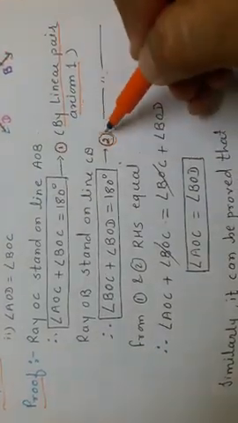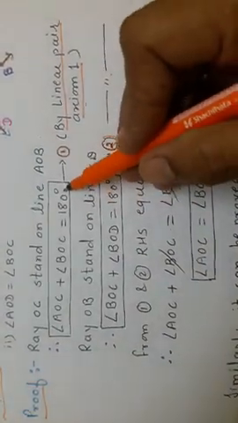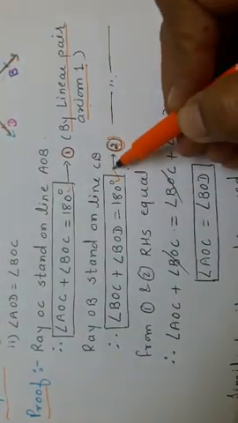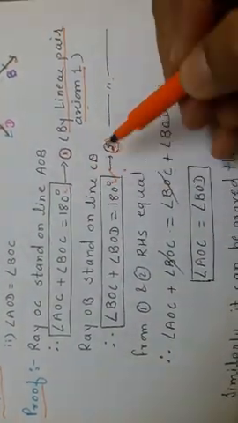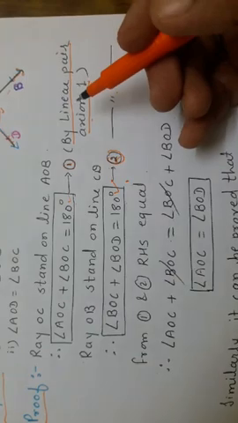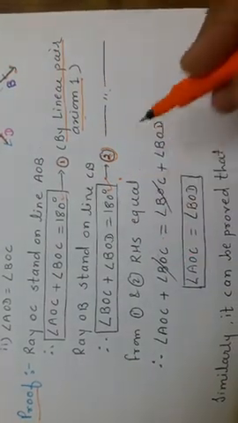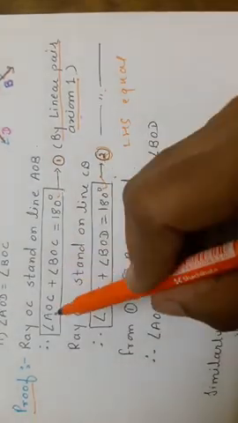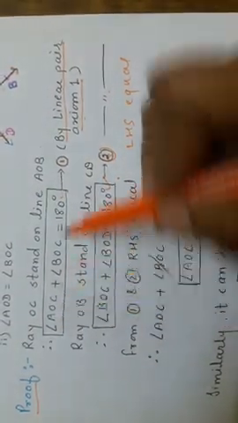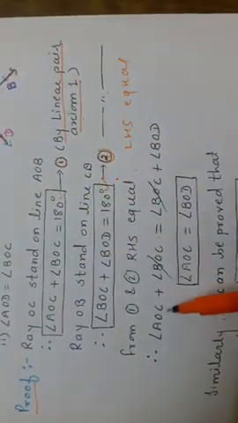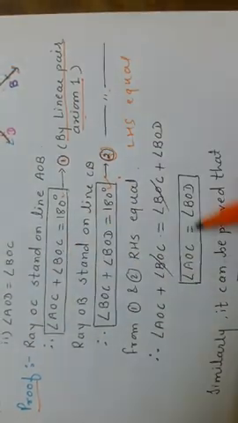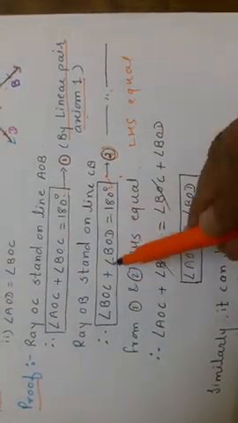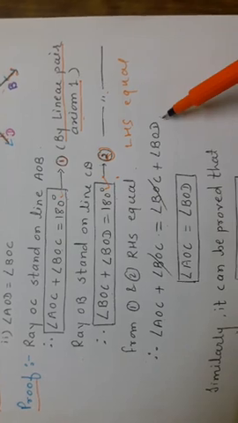From equations 1 and 2, the right hand side of both equations is 180 degrees. When the RHS is equal, the LHS is also equal. So angle AOC plus angle BOC is equal to angle BOC plus angle BOD.